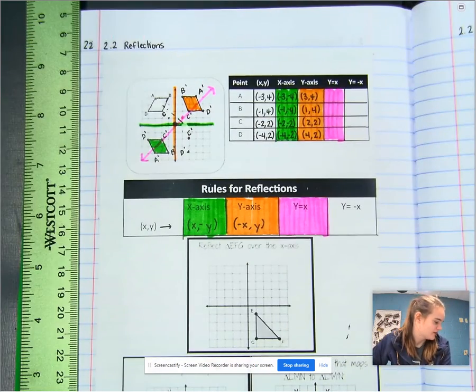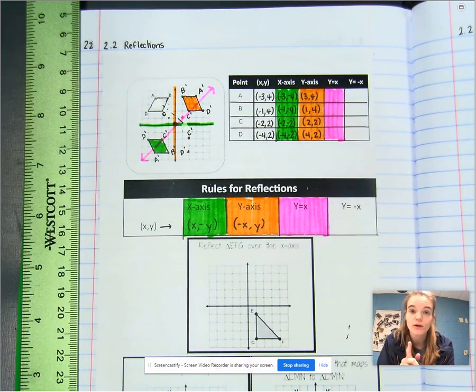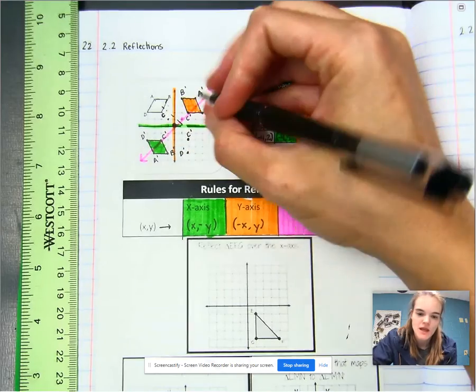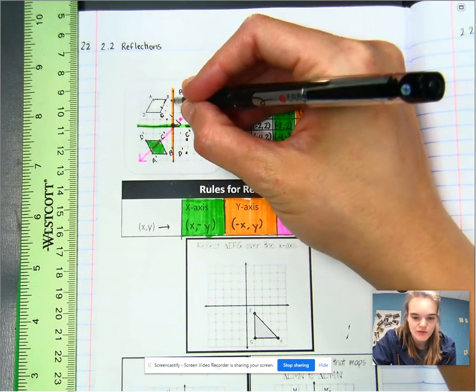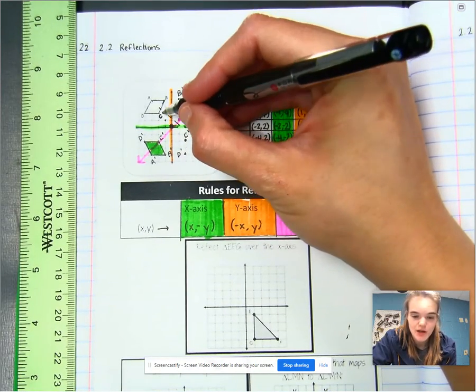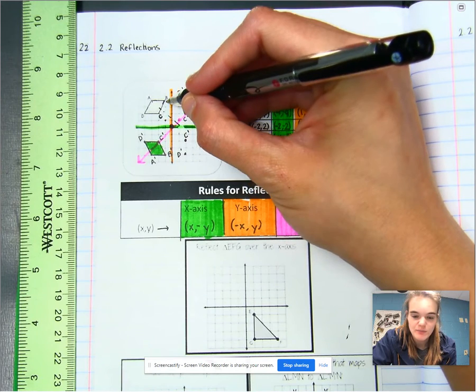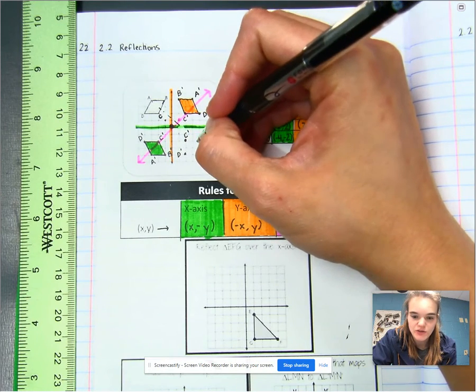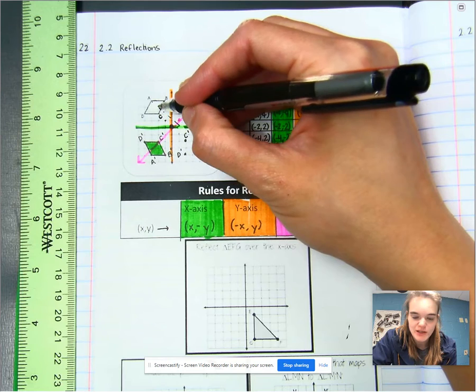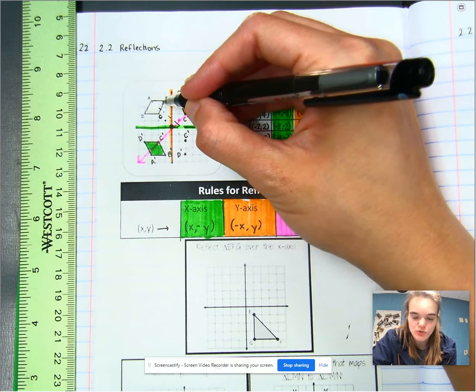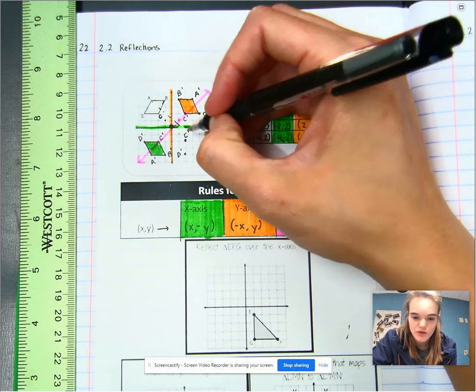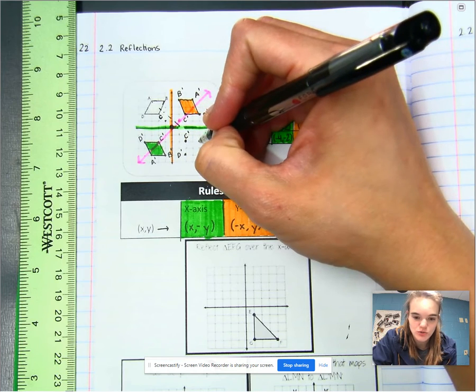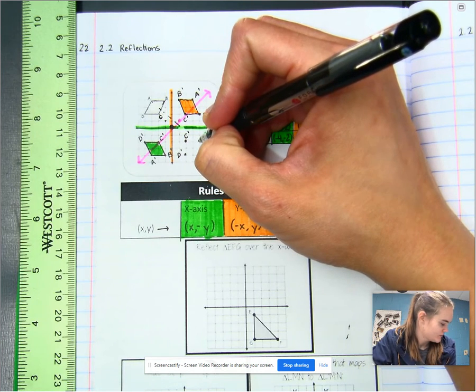And I can do that for every single point. I'm not going to. Here's why. I don't have to, simply because C to B, B should be over here somewhere. From C to B, I'm going to have up to over 1. So I'm going to have very similar up to over 1 to get B.